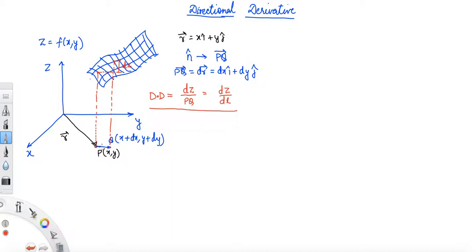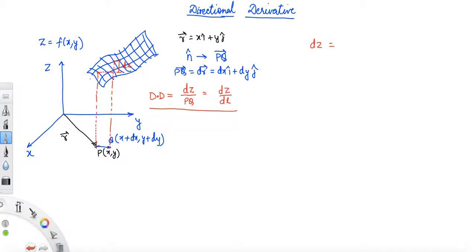Directional derivative means we are moving in a certain direction, that's why it's directional, and derivative is basically slope here, dz over dl. Now let's establish an important relation between directional derivative and one of the quantities known as gradient vector. So dz while moving from p to q can be thought of as a two-step process.